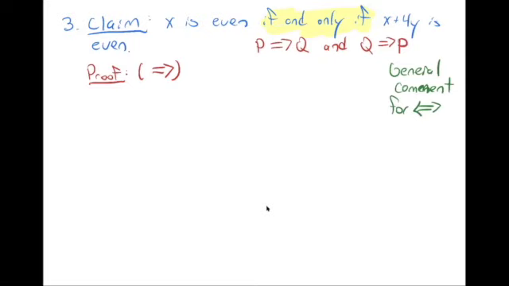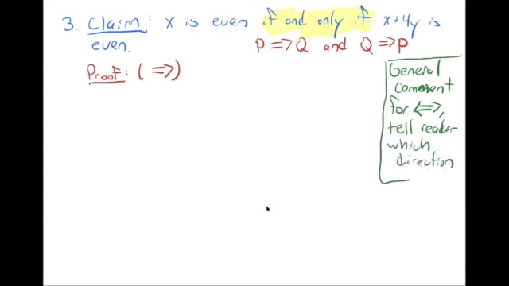If we're proving a biconditional statement, tell the reader which way you're doing this. And by this, I mean indicating over here that I'm proving P then Q.